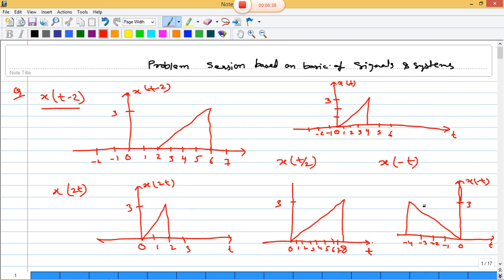Now if x(t) is multiplied by any number, suppose I have to find out 2 of x(t), then we can multiply this magnitude by 2. Okay.